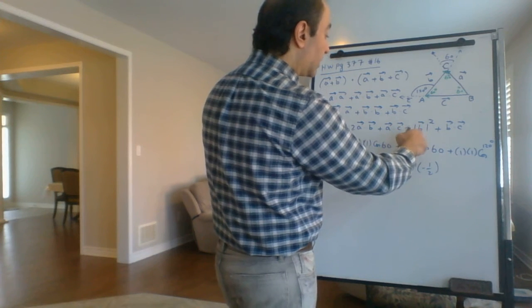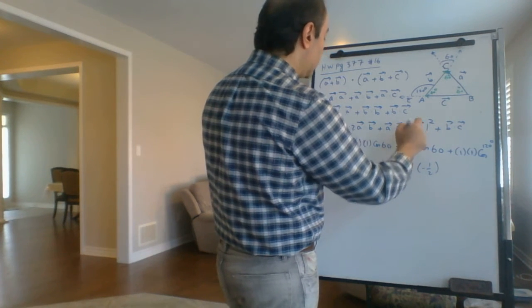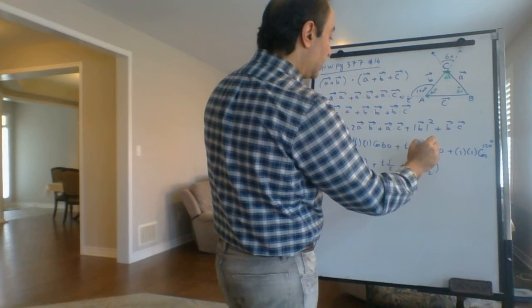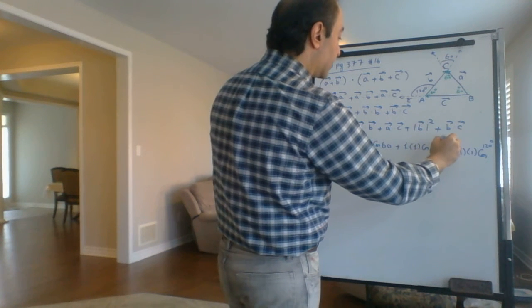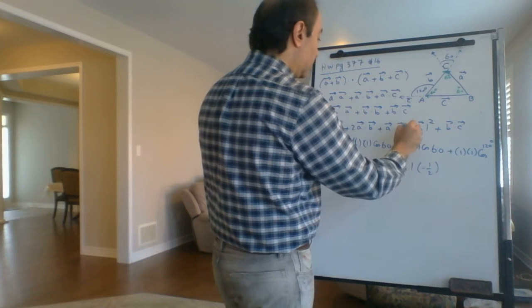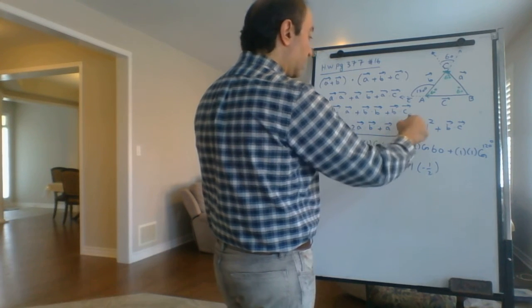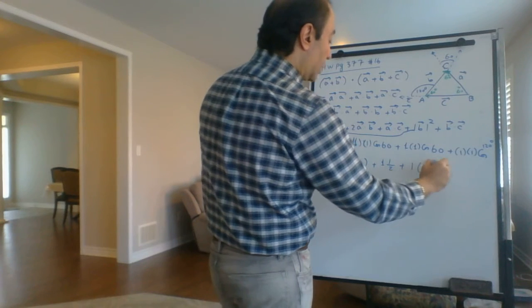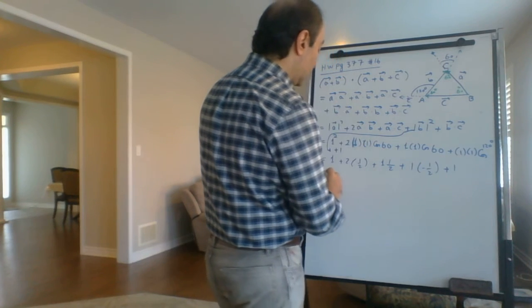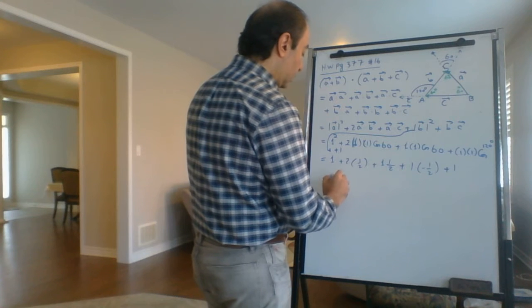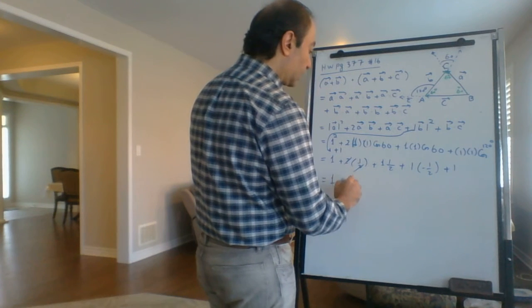Oh, I forgot, there is a B, the magnitude of B squared. It should be in here. This is another one. So this is plus 1 because this is 1 times 1. Okay, plus another one. Now, this is 1 plus 2 and 2 cancels out, leaves 1.